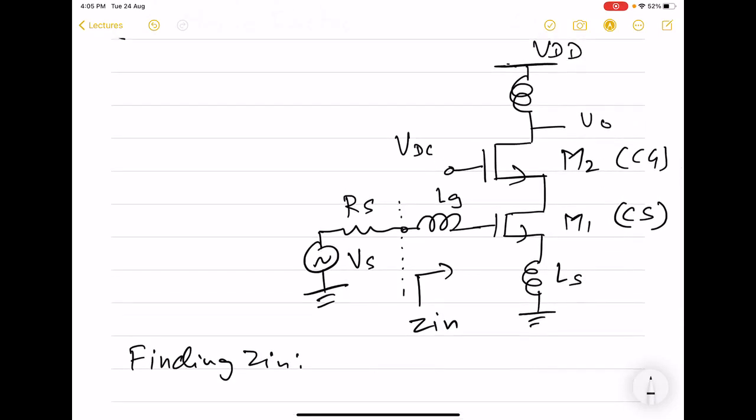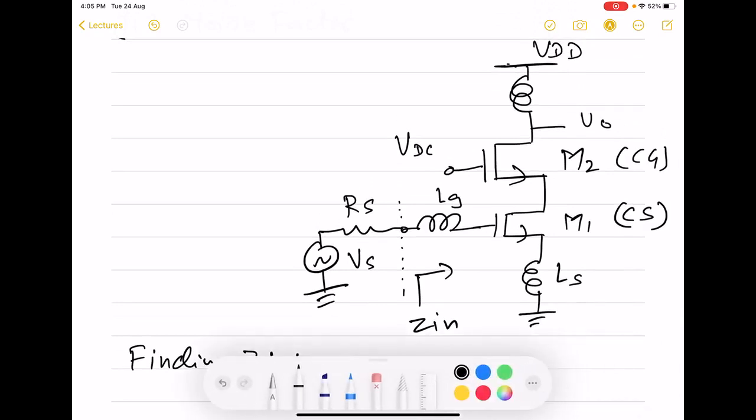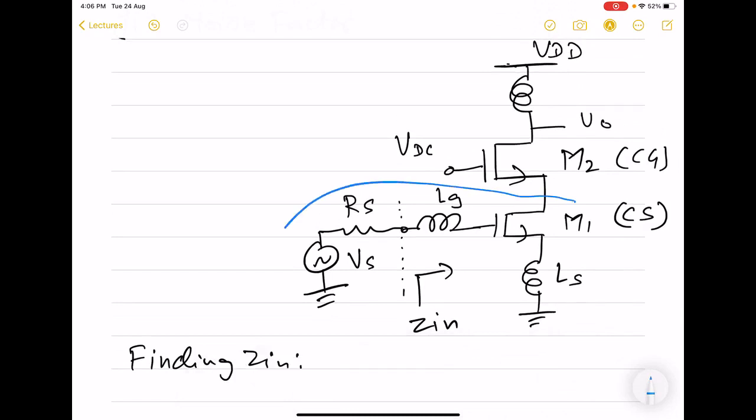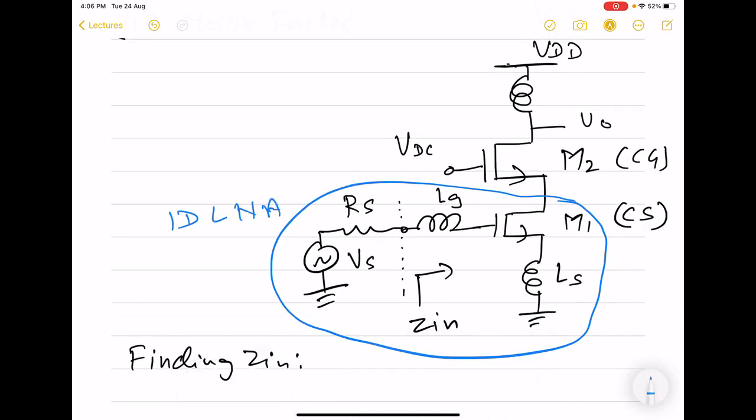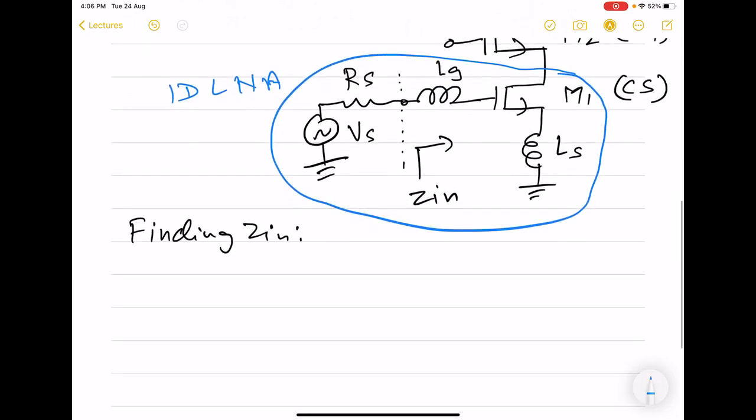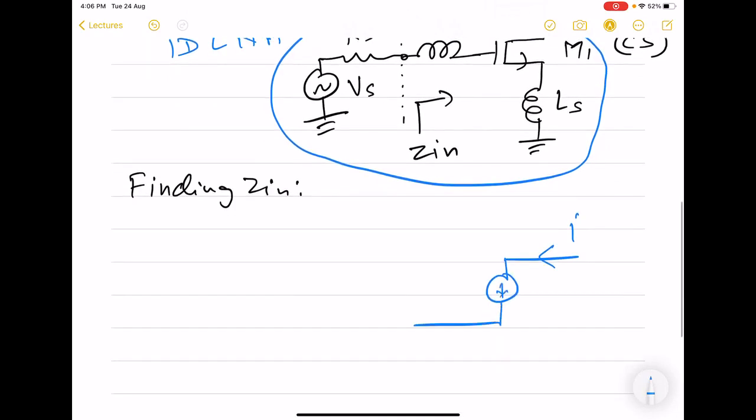Recall that when we were trying to find the input impedance of the inductively degenerated common source LNA, the ID LNA, the output side only allowed a certain current to exist. So this was the circuit that we analyzed to find the Z in of the ID case.